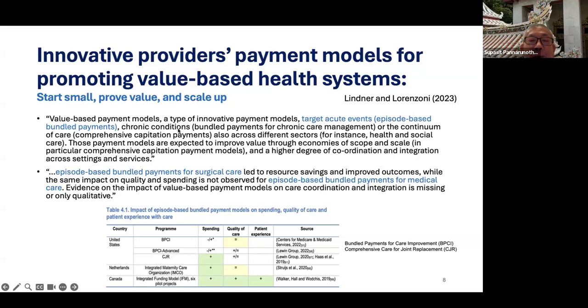That means who provide the service and the outcomes.